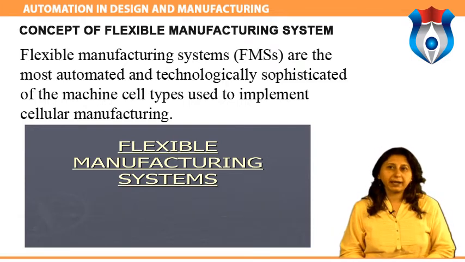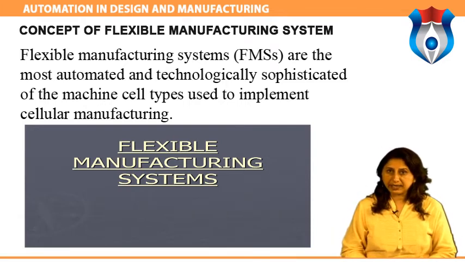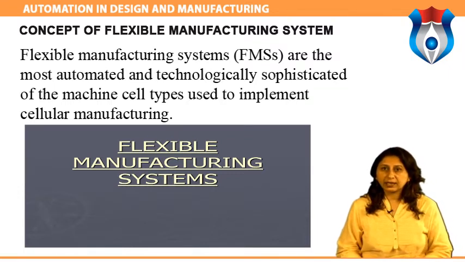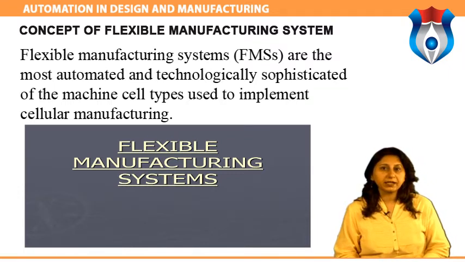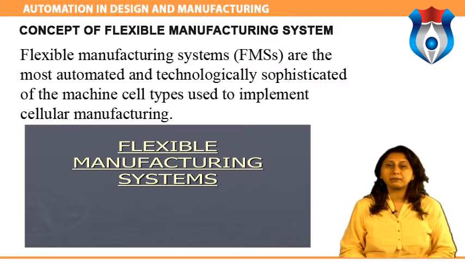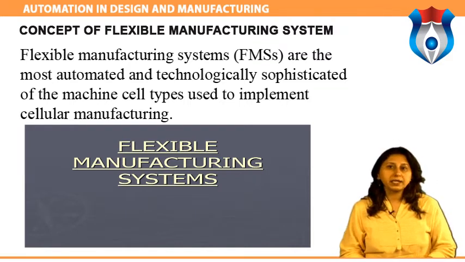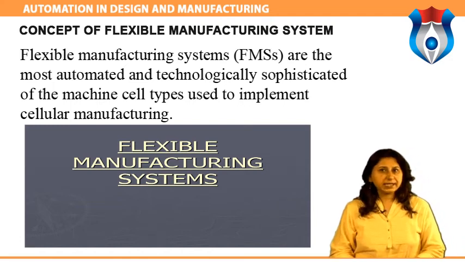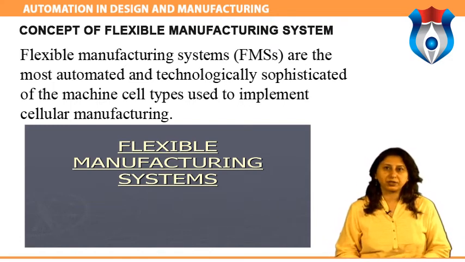A flexible manufacturing system, FMS, is a highly automated group technology machine cell consisting of a group of processing workstations that are interconnected by an automated material handling and storage system and controlled by a distributed computer system. Flexibility is an important part of this definition.